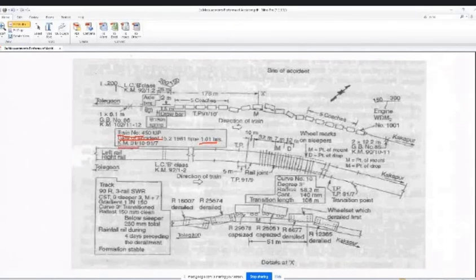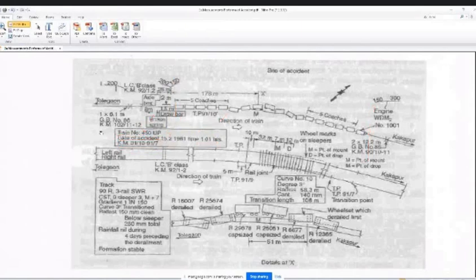And the kilometer number, from where to where it happened: 91/0 to 91/7, that means this point to this point. So train number, date of accident, time of accident, kilometer number all came. Is it clear to you or not? It's clear.